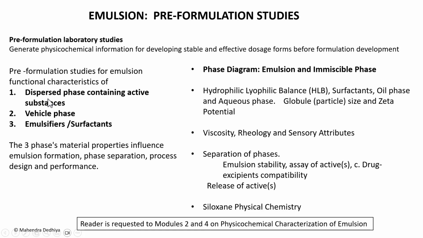Preformulation studies for emulsion look at functional characteristics of dispersed phase, vehicle phase, and emulsifiers/surfactant. We'll also look at phase diagram of emulsion and immiscible phases in this particular submodule. In subsequent submodules, we will look at other preformulation studies.